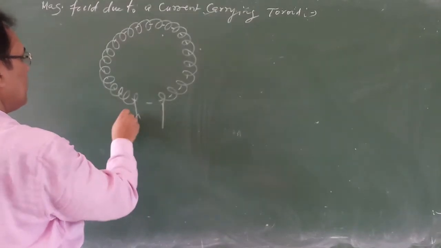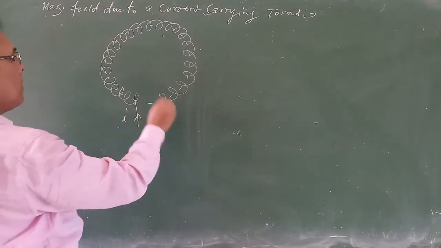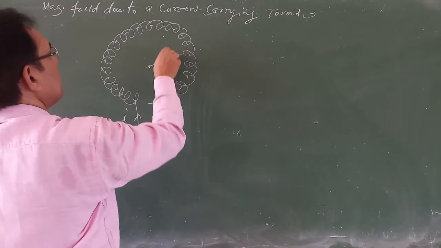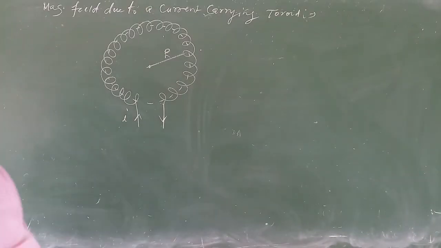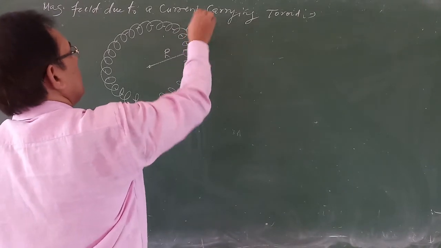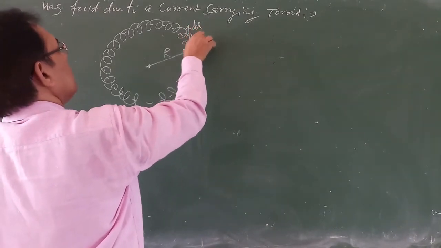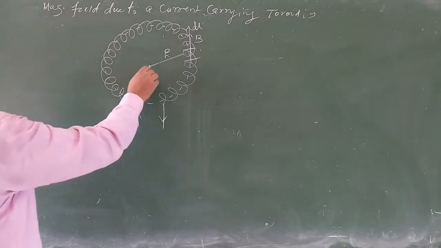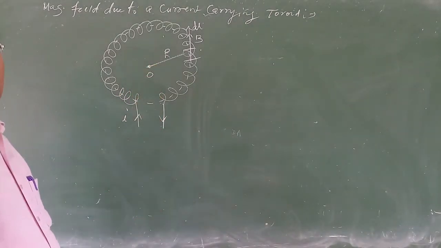Let current I be flowing through the toroid, and let R be the radius of the toroid. This is the current element dl. The magnetic field will also be in the same direction. O is the center of the toroid.